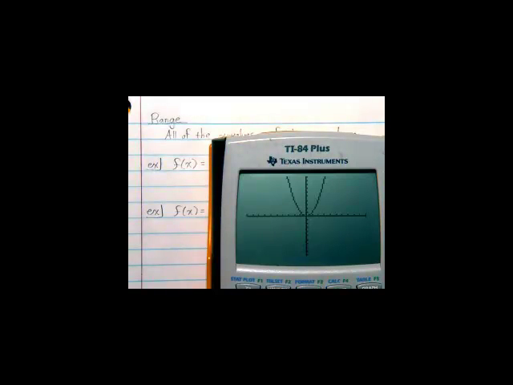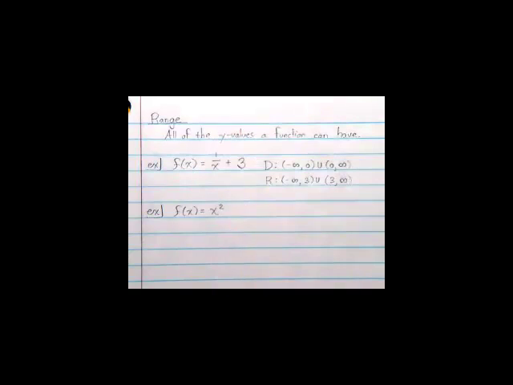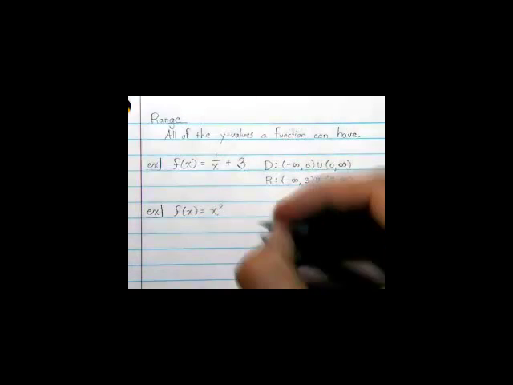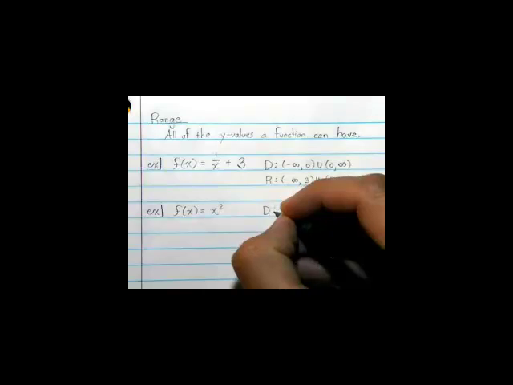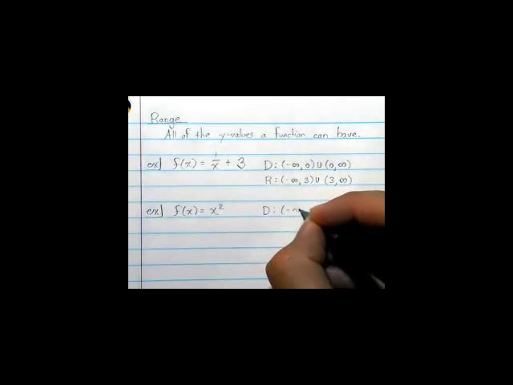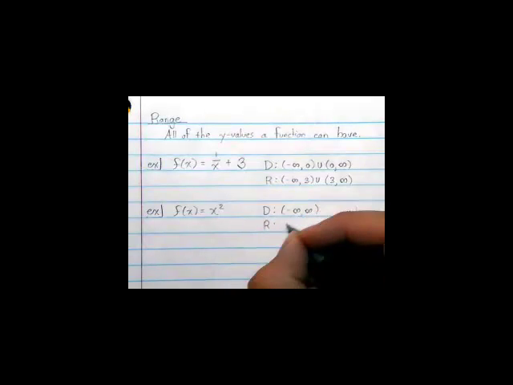So here's the question though. 0 to infinity, but does it include the 0? It does, because it actually comes down and hits 0, 0, right? That parabola. So it does include the 0. All right, so the domain and range for x squared then, domain is negative infinity to infinity, and the range is 0 to infinity, but we're going to put a bracket on the 0.